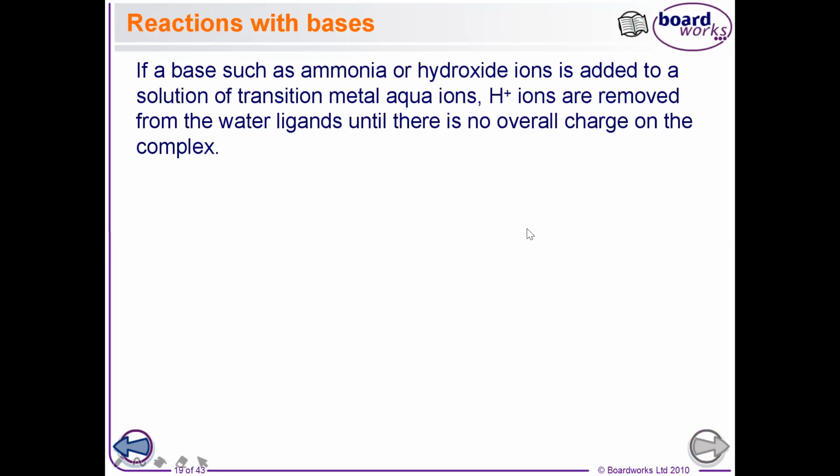Now, how about the reaction of the transition metals with bases?